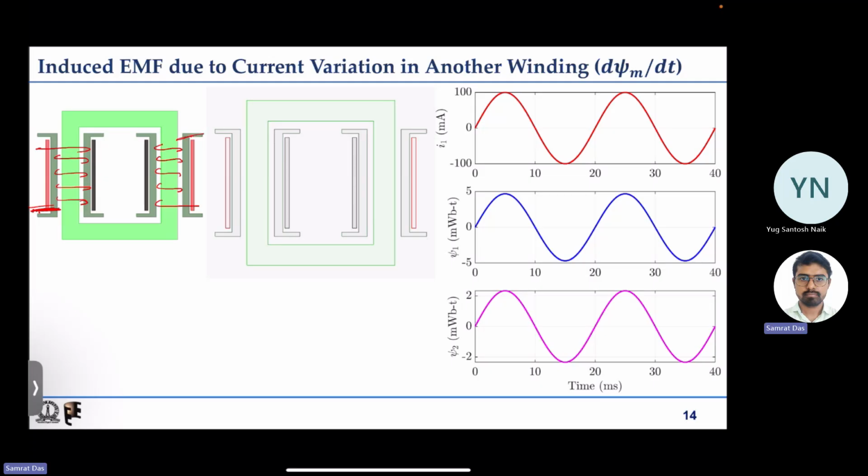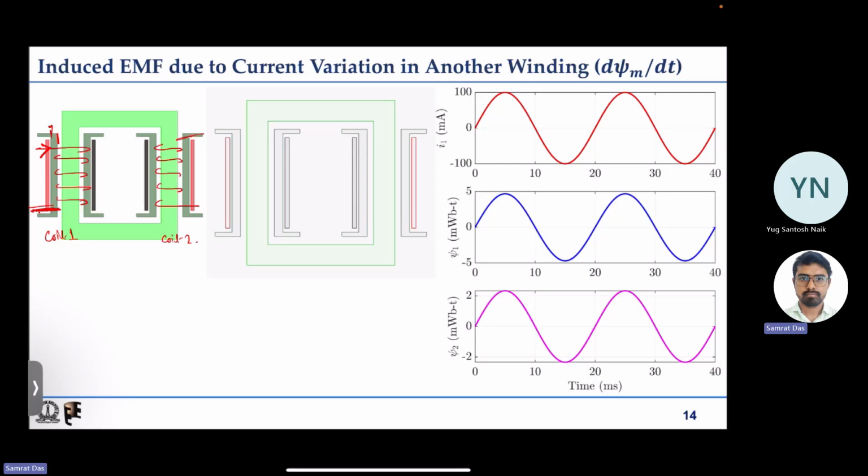Now say we have some current flowing. This is coil 1, this is coil 2, and we have some current I1 flowing into the first coil, a sinusoidal current.